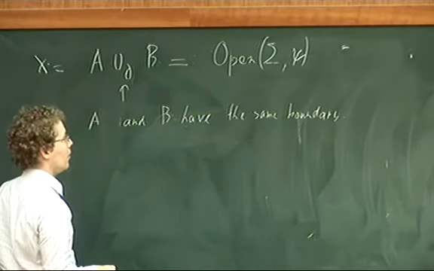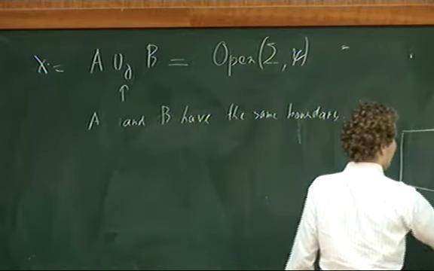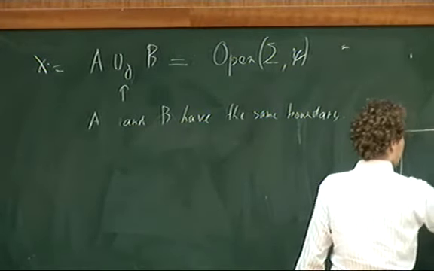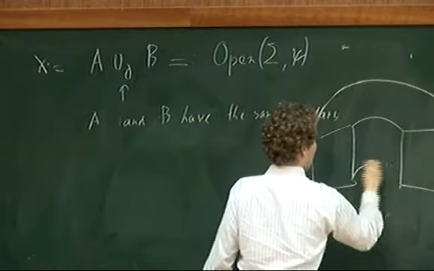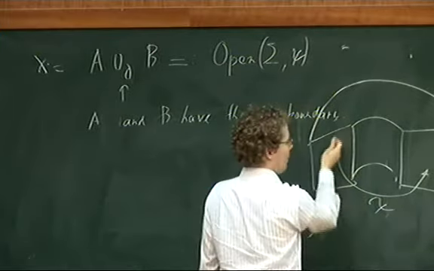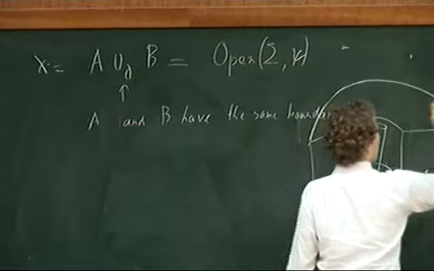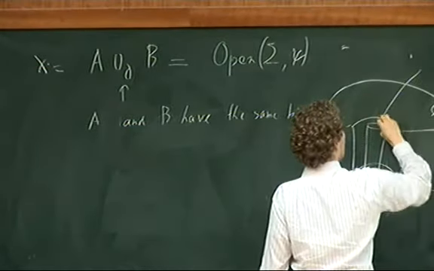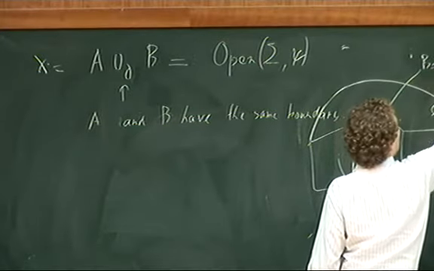And the picture maybe that you should have in mind is, if this is Σ, then we construct a mapping torus and we glue here with ψ, or maybe with this strange gluing, and afterward we glue in. So this is A, the whole thing, and this is then B, which is just ∂Σ × D².